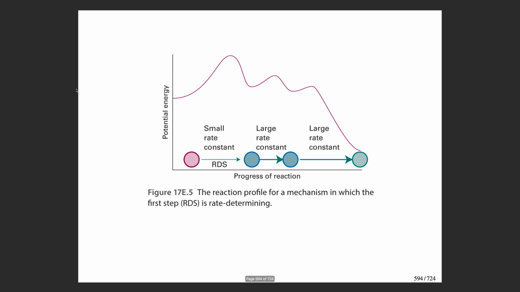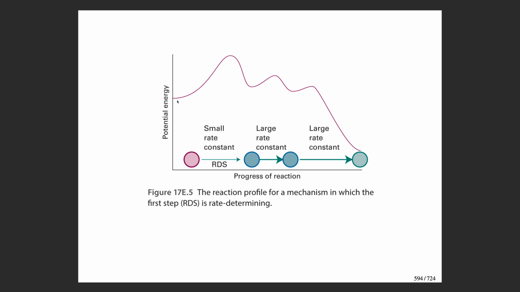Okay. Here's another way of visualizing it, this time in terms of activation energies. Suppose that you have a sequential reaction like this, and this is the potential energy profile of the different intermediates.